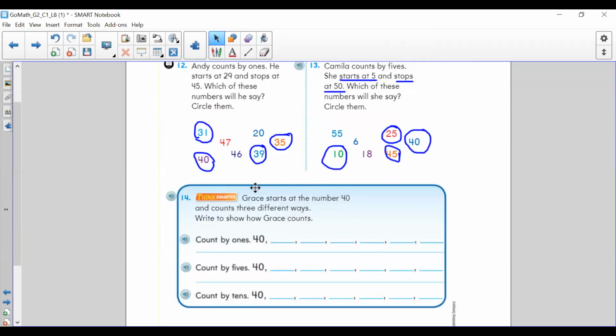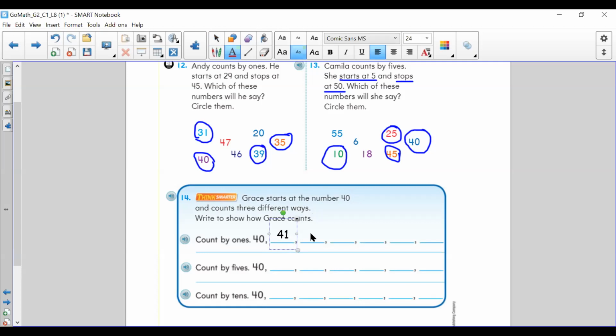Okay, boys and girls, in our last problem, Grace starts at the number 40 and counts 3 different ways. Write to show how Grace counts. Okay, first, we're counting by ones. 40, 41, 42, 43, 44, 45, 46.